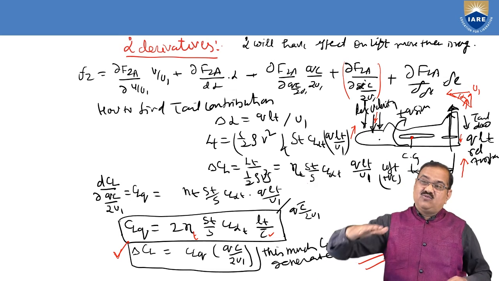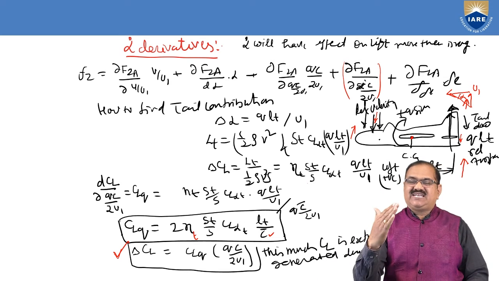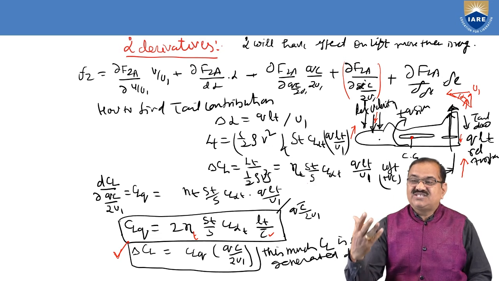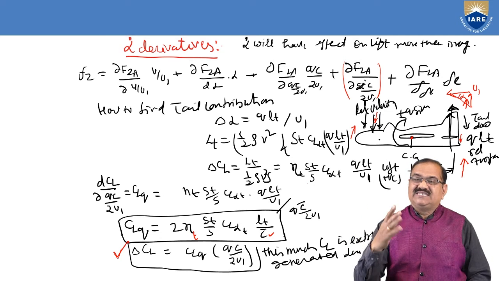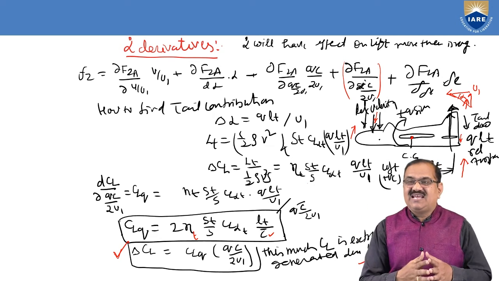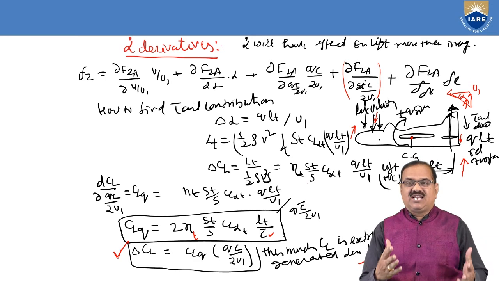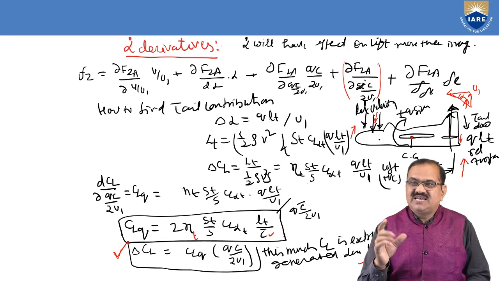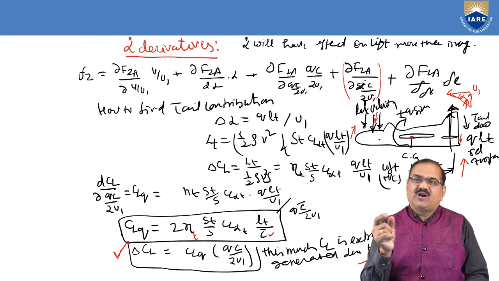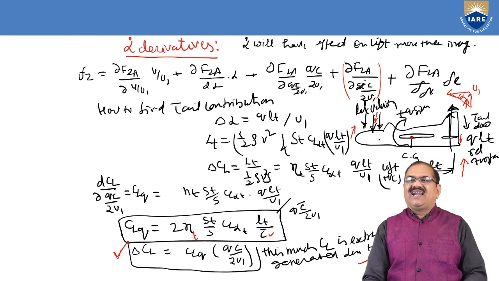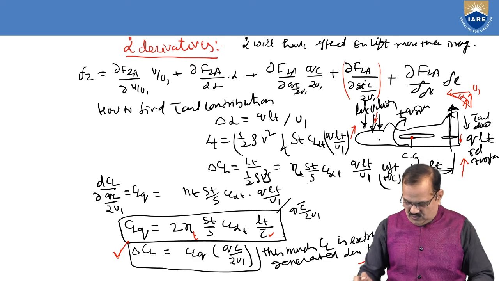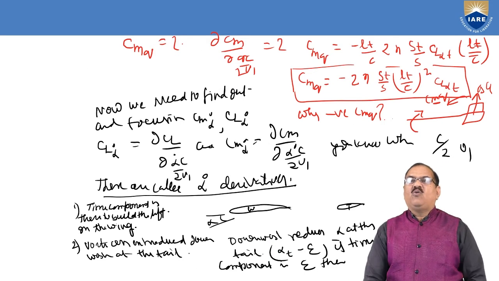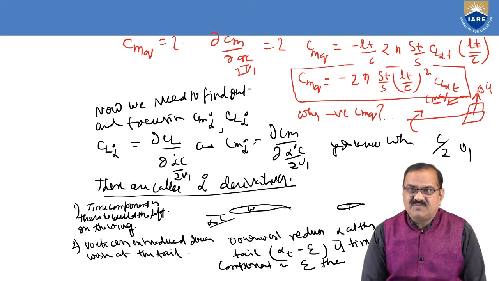So whenever you apply the pitch rate, there will be generation of lift, and this generation of extra lift, delta CL, is directly proportional to CLQ and CLQ QC by 2U1. By this, if you know the Q, you can find out how much delta CL is generated. Okay. Now what is next is CMQ.